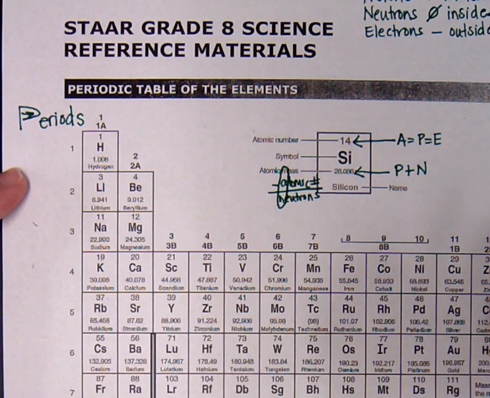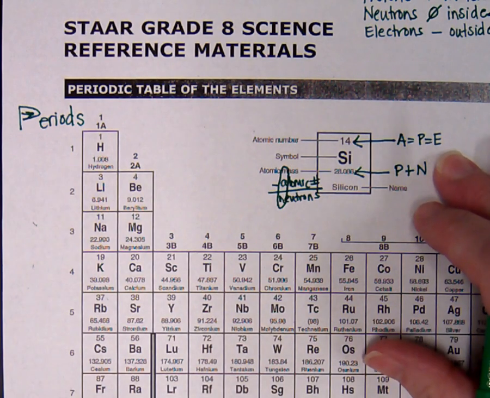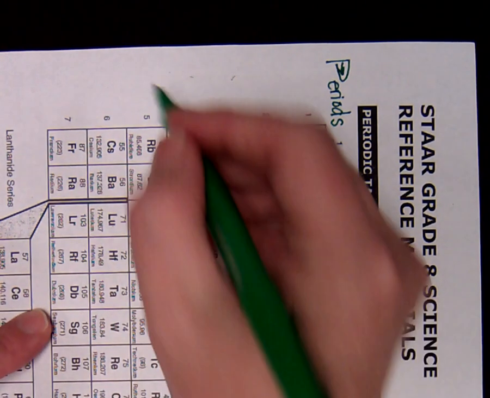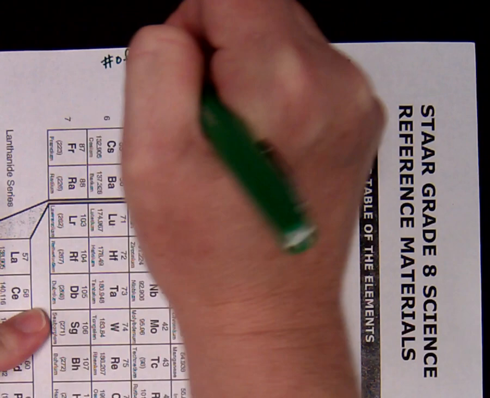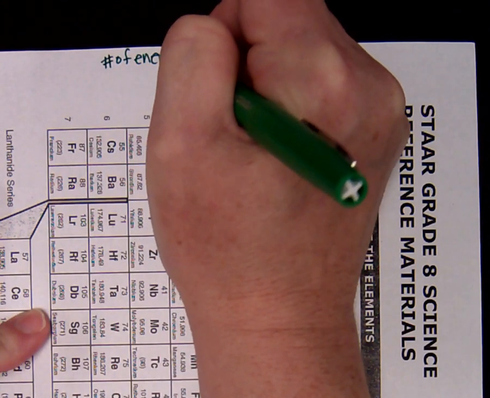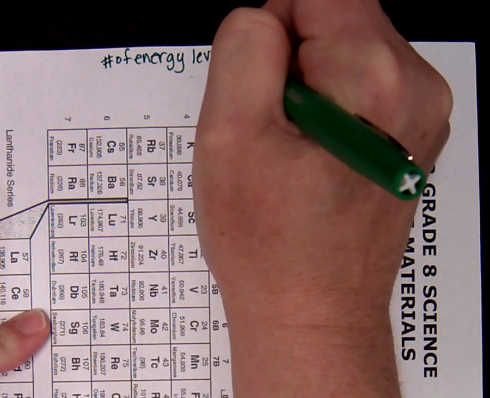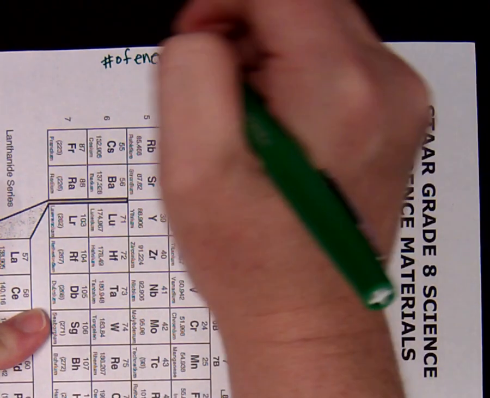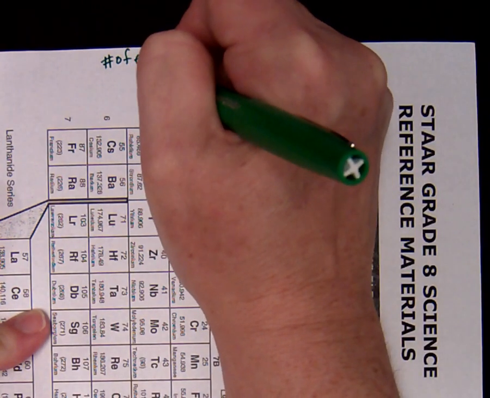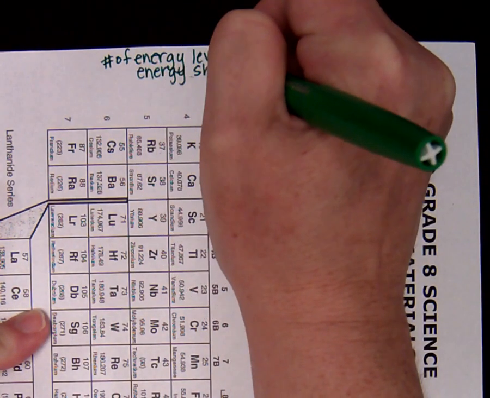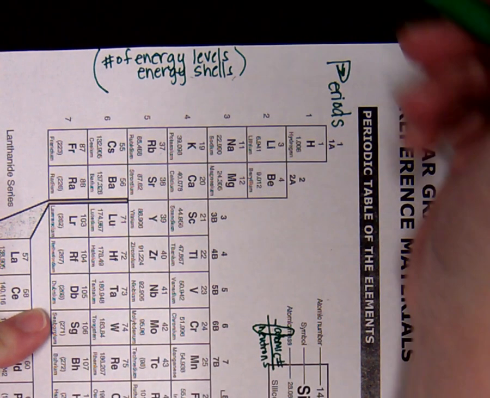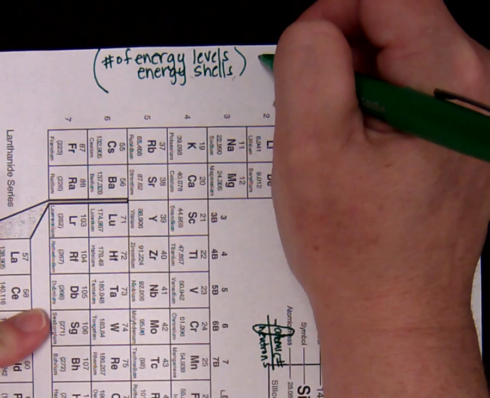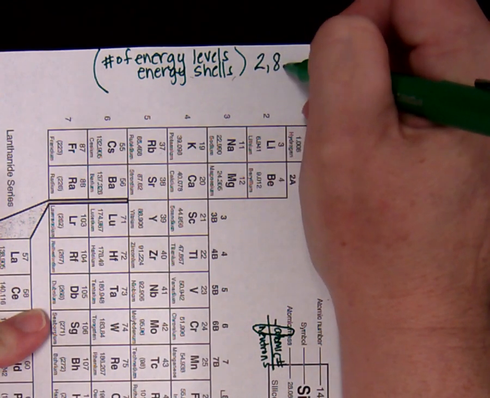And remember that the periods tell us the number of energy levels. Another word for energy levels is energy shells. Now, we fill those shells with the rule 2, 8, 8.